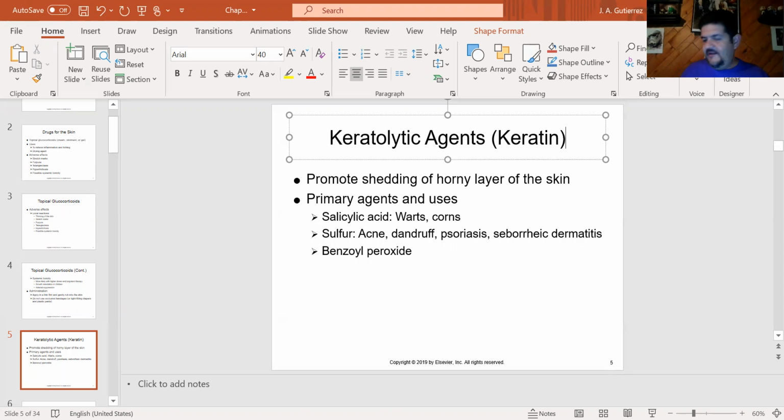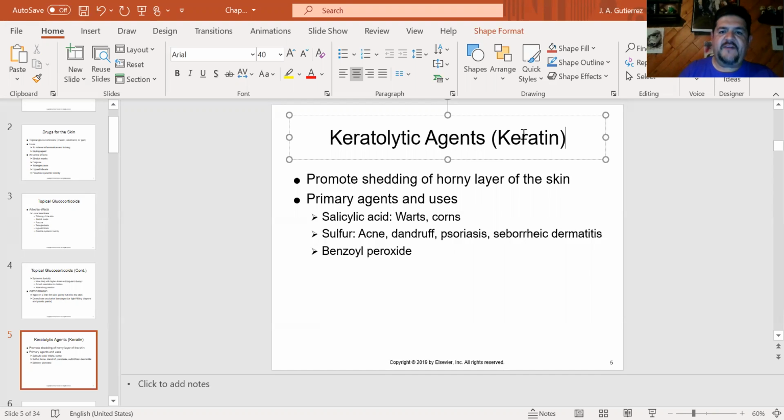Also, keratin is the one that makes a callus in the hands when you use your hands a lot. So obviously, some people don't like that overproduction of keratin, so we can provide medications to destroy or break down that type of protein, and that callus or wart can go away.